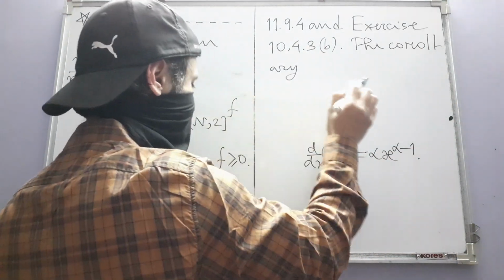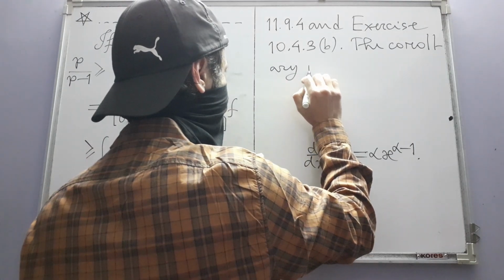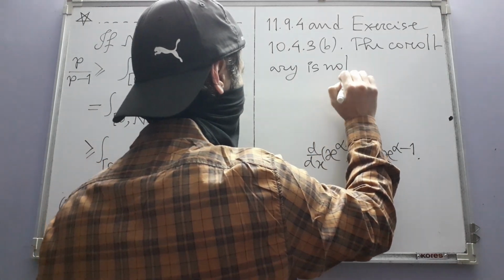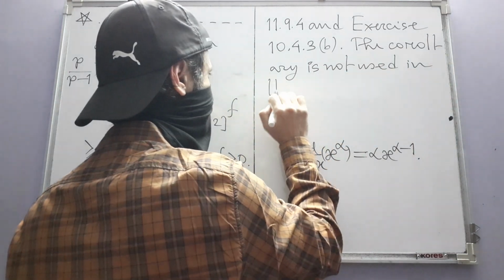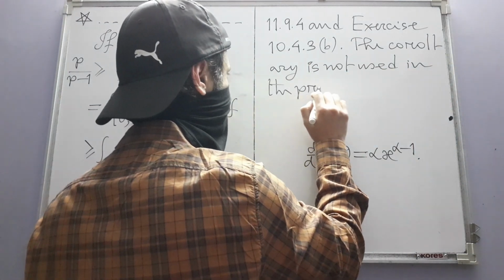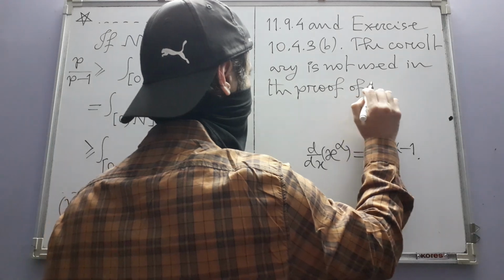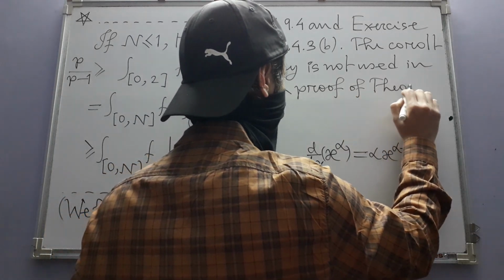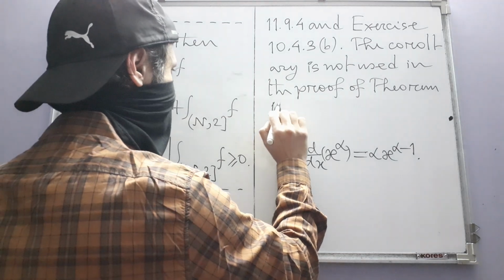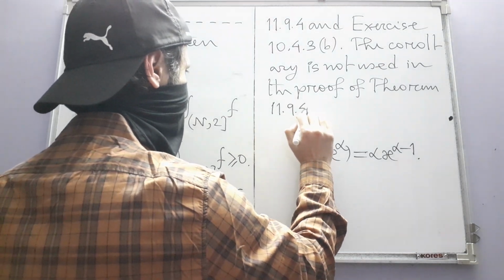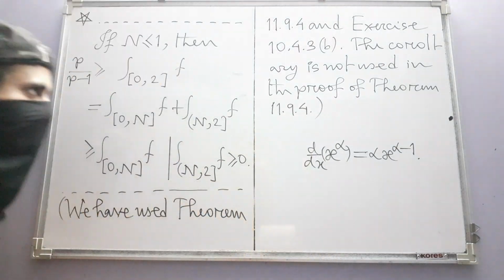Corollary means this corollary that we are proving is not used in the proof of the second fundamental theorem, that is theorem 11.4.9. So there is no danger of circularity.